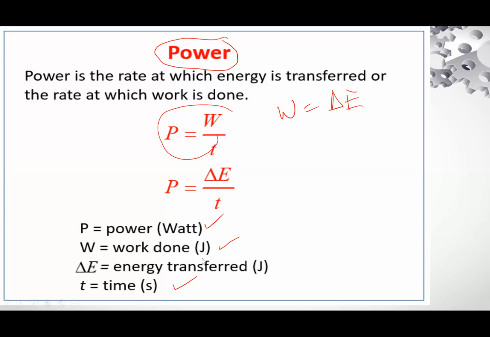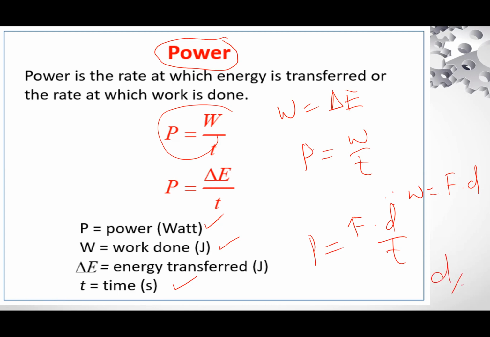Now, as we know that power is equal to work per unit time, and work is equal to F dot D. So power is equal to F dot D divided by T. So D divided by T is equal to velocity.